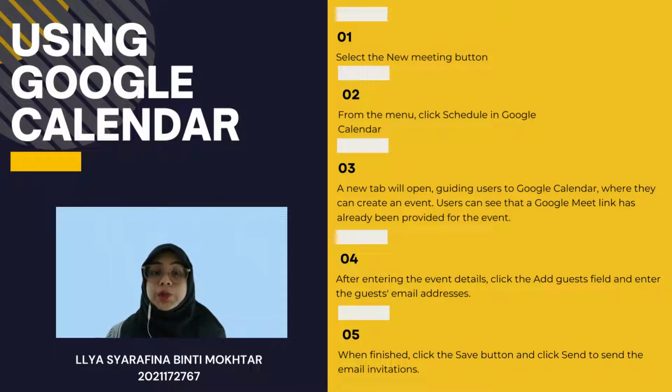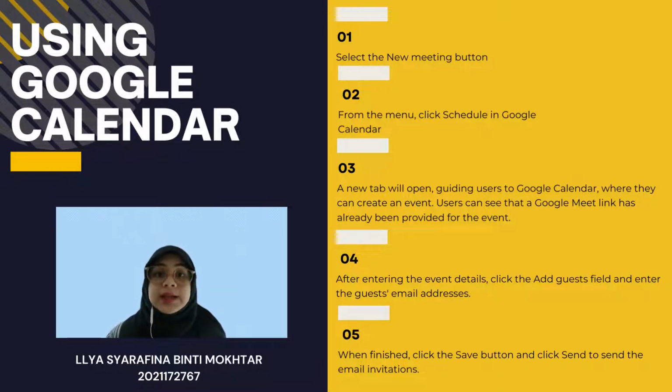For using Google Calendar, the user only selects the New Meeting button, and after that, from the menu, clicks Schedule in Google Calendar, and a new tab will open guiding the user to Google Calendar where they can create an event.